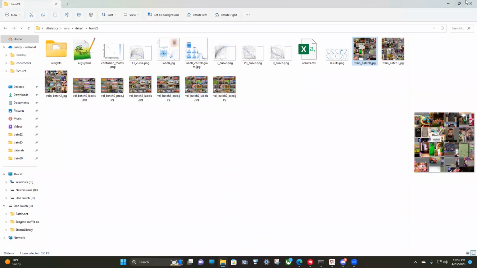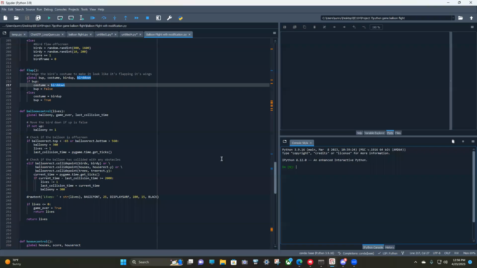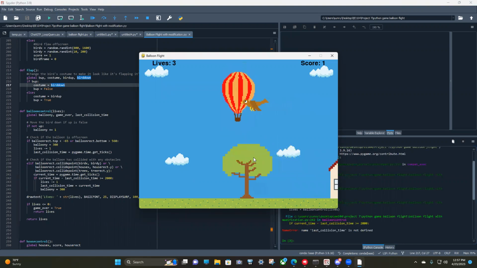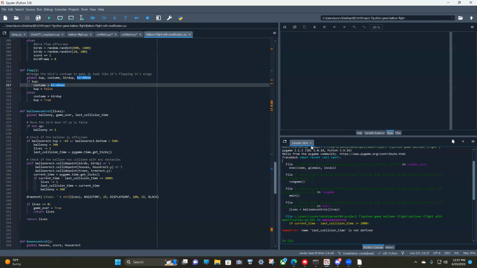Now I'm gonna run my Python game, which is a Python game I made. I gotta restart the kernel. There we go. And then I run it. I set it to control with mouse and keyboard. Let's do it again.